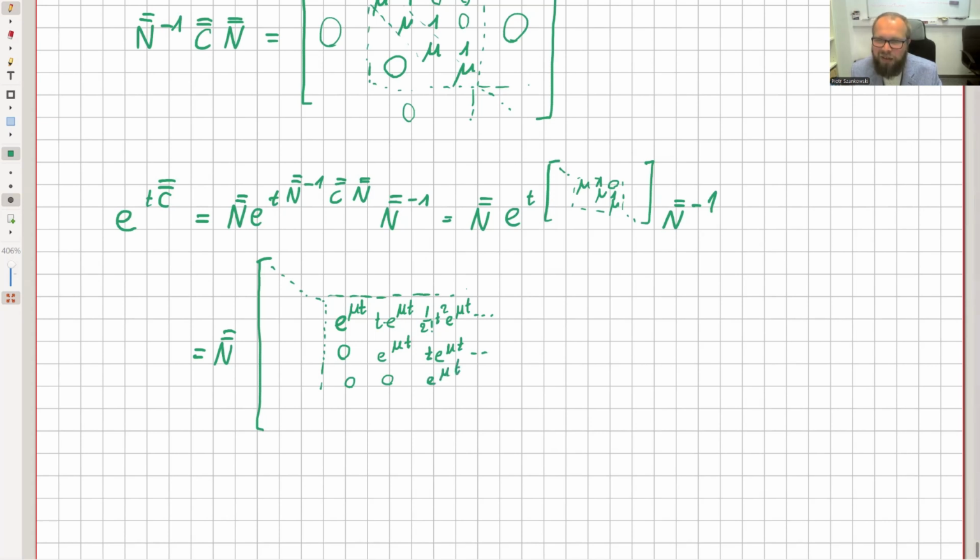I actually took here a block with degree of degeneracy 3, so it should actually cut off here. The block would be 3 by 3. If it was larger, you can see the pattern. You would get here 1 over 3 factorial t to the power 3 e^(μt) and so on.